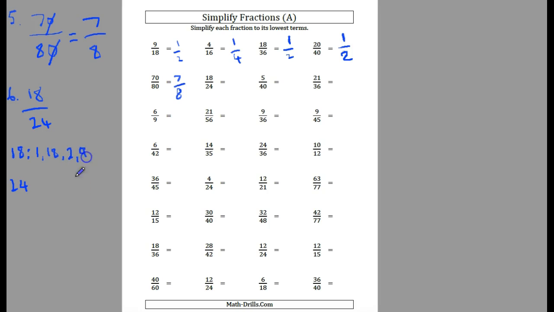I think that might be it. Okay, and then 24. Which of these go into 24? So we have the number 1, 18 doesn't, number 2, and 9 doesn't. So for 18, the highest common factor is going to be 2.